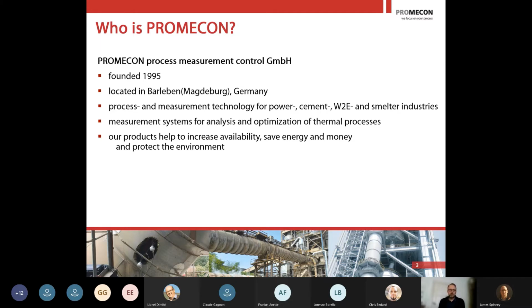Yeah, the products help to increase the availability, to save the energy and money, and also to protect the environment. And one of the big advantages of the airflow measurement is that it's mostly maintenance free. So you usually don't have to touch the measurement once it's installed and running.